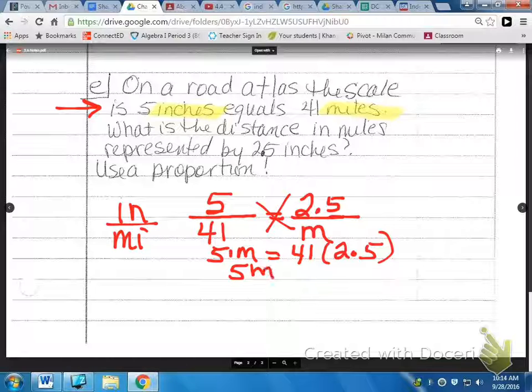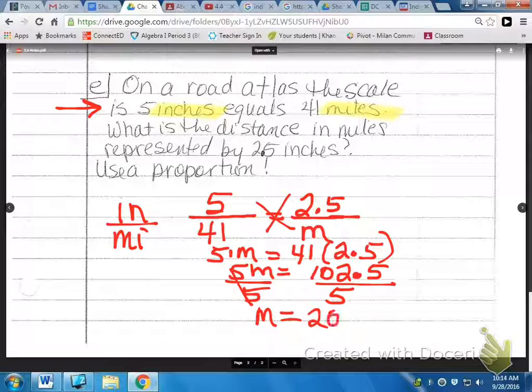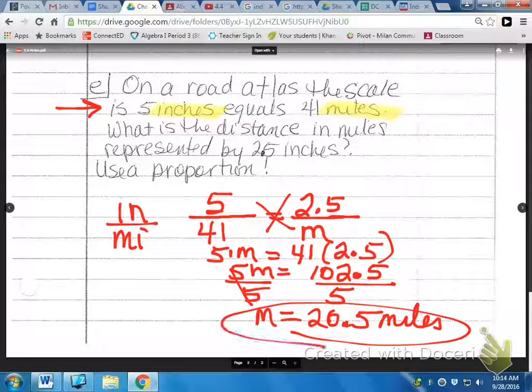So 5m equals 102.5 when I multiply that out and divide both sides by 5. So m equals 20.5, and I would label it miles. 20.5 miles. Questions about that?